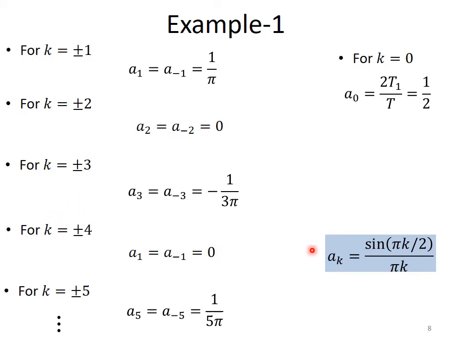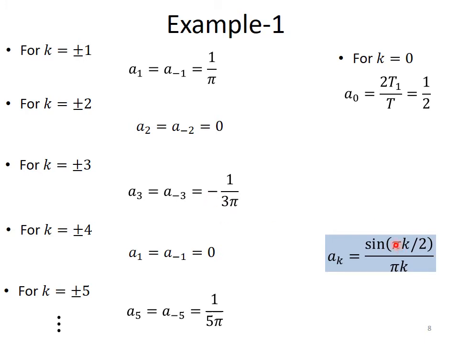Similarly, put k equal to plus 3 and minus 3. For k equal to 3, you get sine of 3 pi by 2, which is minus 1, divided by 3 pi. So for k equal to plus 3 you get minus 1 upon 3 pi.